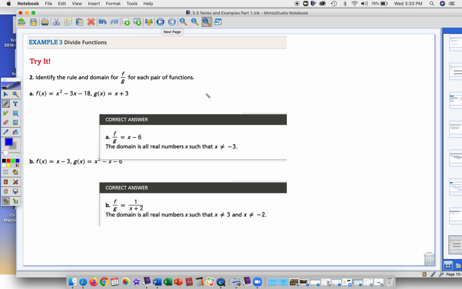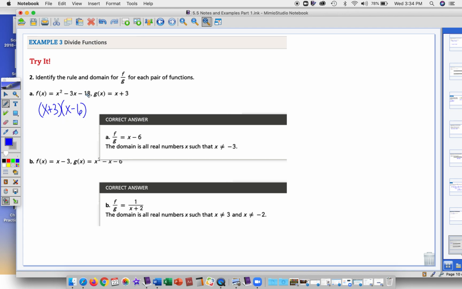Okay, so let's see. Hopefully for letter A, you got the function x minus 6, right? Because for this one, you're putting f in the numerator. And again, use this as a hint. If it's going to be factorable, it means that x plus 3 is going to be a factor of f. So if I have x plus 3, that means my other factor would have to be x minus 6, right?